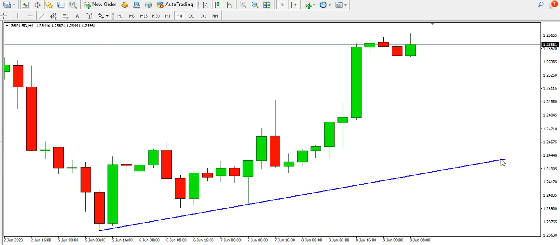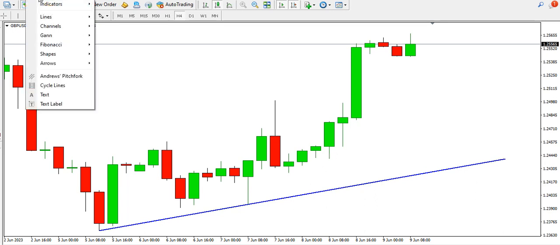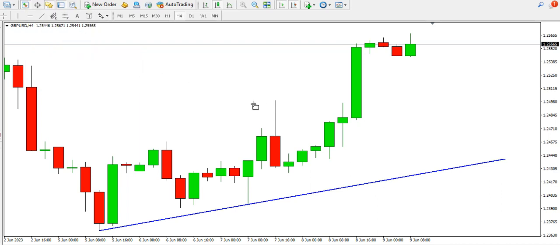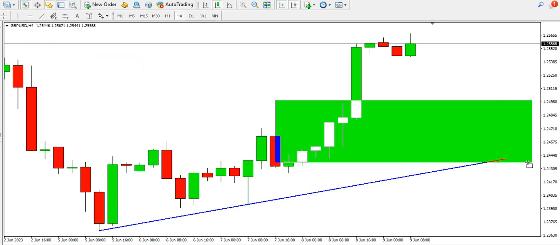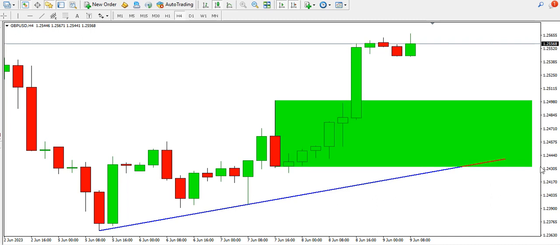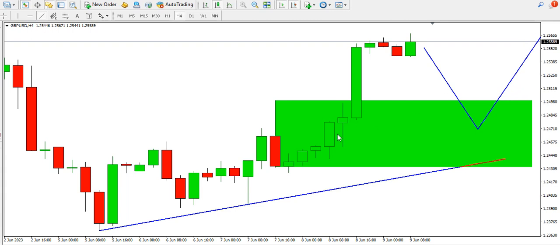But we have this particular order block on the 4-hour time frame that might serve as a demand or support level for price in case price is going to drop. If price is going to drop, we might be seeing a drop towards this level for price to find some level of demand before going up.